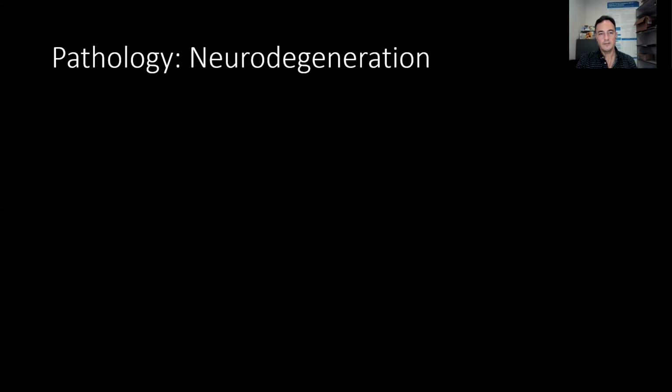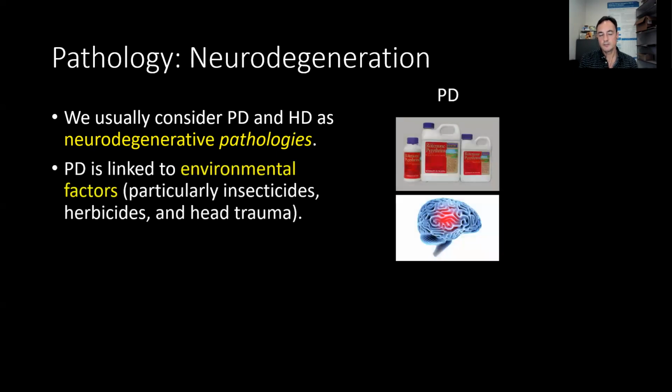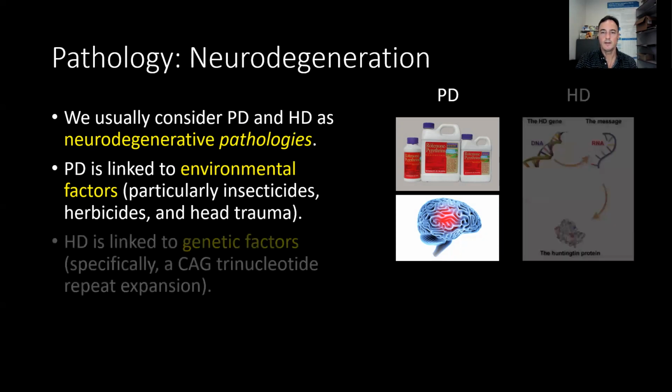So leaving location aside, neurologists also love to look at pathology. So the pathology in Parkinson's and Huntington's is thought to be neurodegenerative, and it's seen as a pathology, keyword being pathology. Parkinson's is linked to environmental factors, the strongest of which would be insecticides, herbicides, and head trauma.